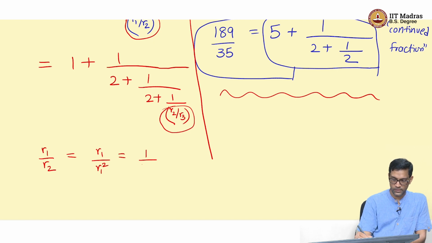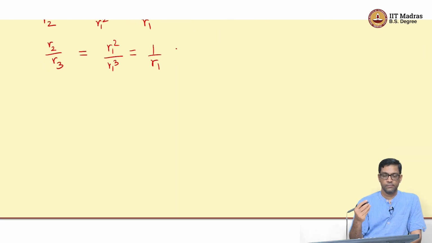So that is 1 by R1. Likewise what I get in the next step is R2 by R3, and that is just going to be R1 squared by R1 cubed, that is 1 by R1. So at every step you get the same answer, it's again 1 by R1.